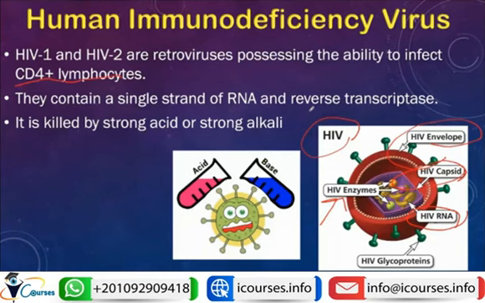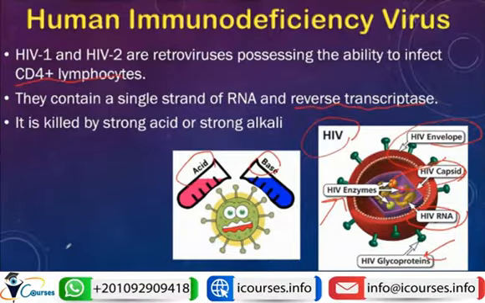As we said, the reverse transcriptase is important for replication of the virus. On top there are some HIV glycoproteins. The HIV virus can be killed by strong acid or resist strong acid or strong alkali.